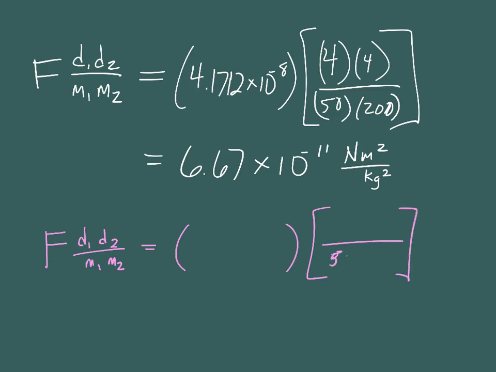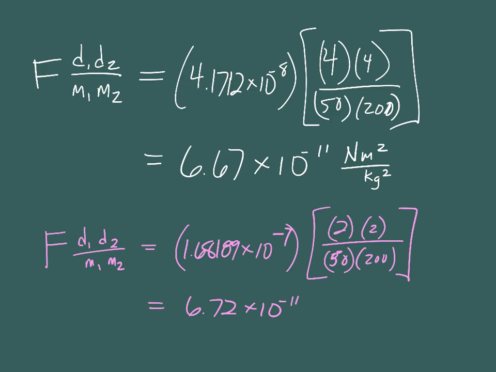Still have the 50 and the 200 mass because we didn't change that, but the distance has changed and the force has changed to 1.68189 times 10 to the minus 7. Got a little bit different answer on this one, 6.72 times 10 to the minus 11. It would have been exactly the same. I probably wrote down the force number wrong, got a decimal place out, but it was too far out in it to make a difference.